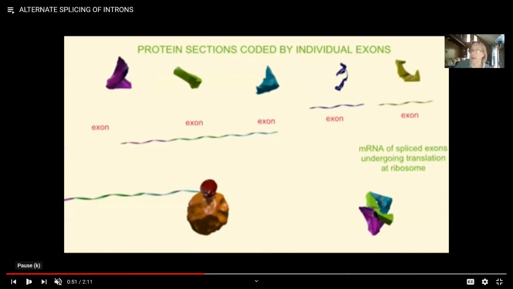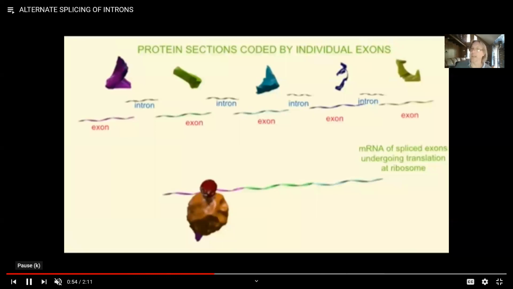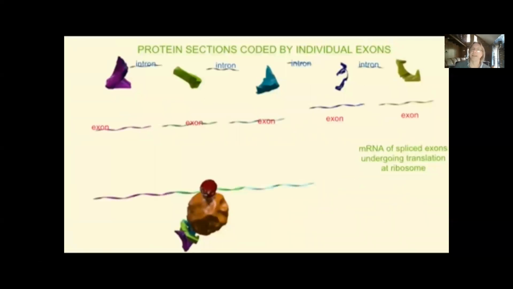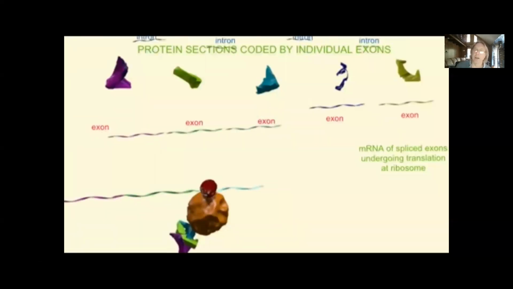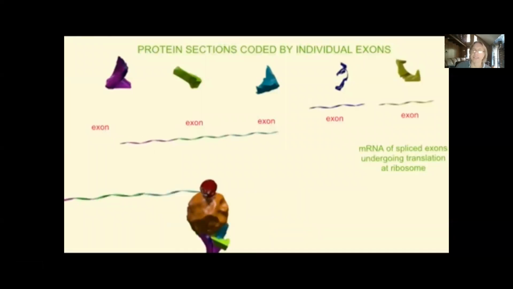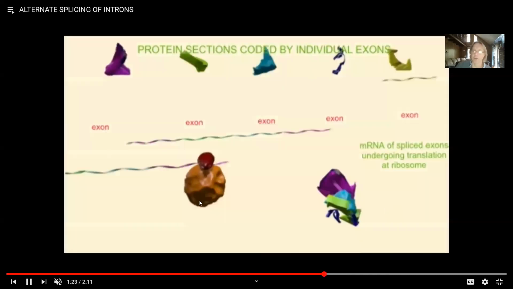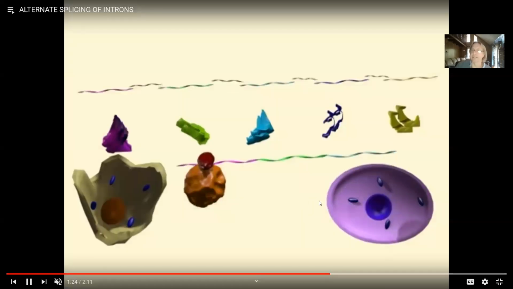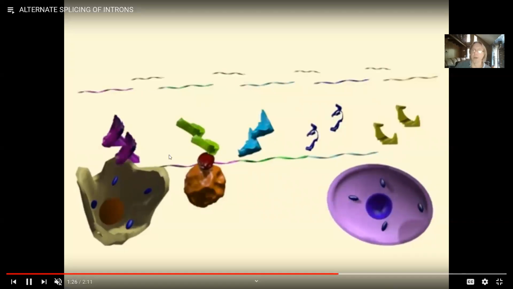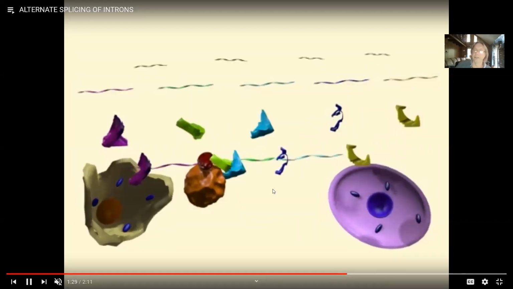However, another cell in the body could take the same gene, but then splice together different exons, so that instead of just having those three parts, which might exist in, say, one cell type, you might get all five.